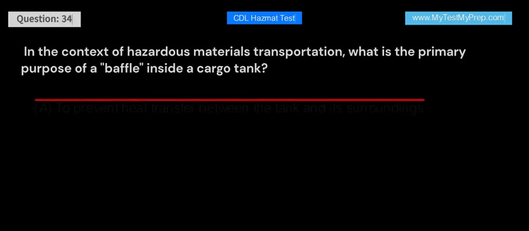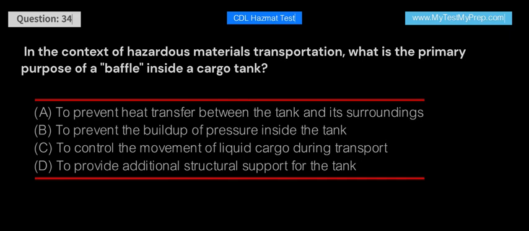In the context of hazardous materials transportation, what is the primary purpose of a baffle inside a cargo tank? A. To prevent heat transfer between the tank and its surroundings. B. To prevent the buildup of pressure inside the tank. C. To control the movement of liquid cargo during transport.